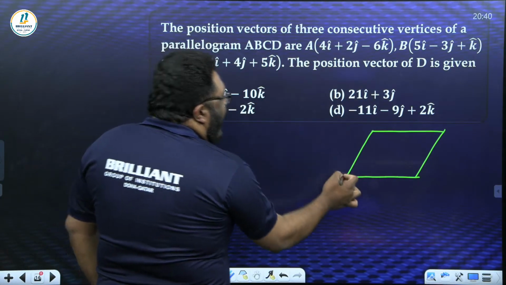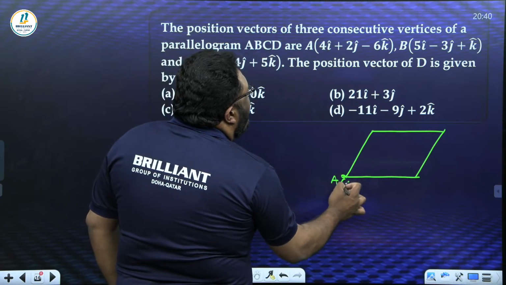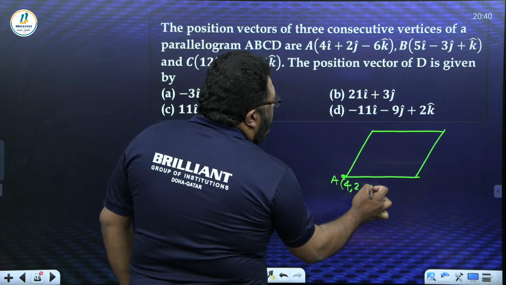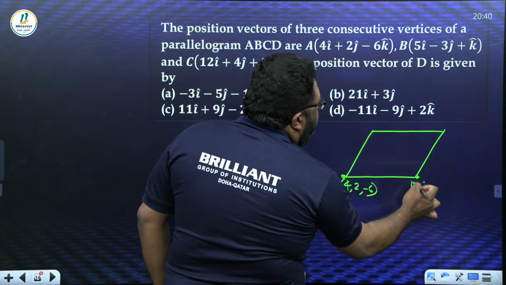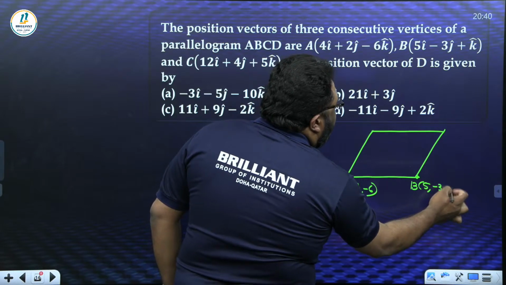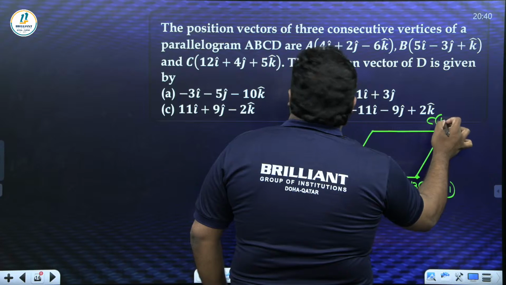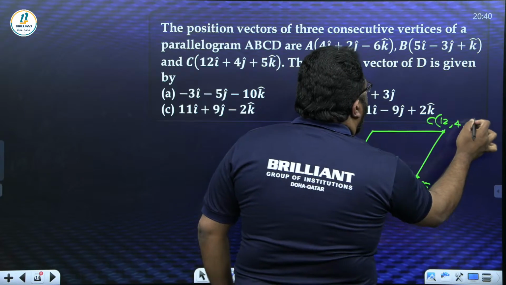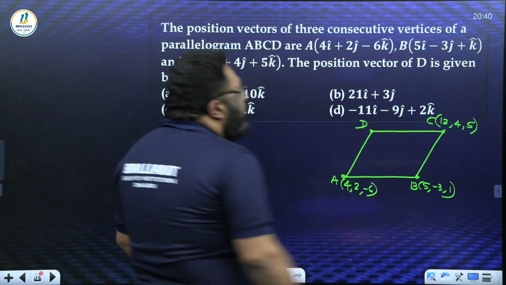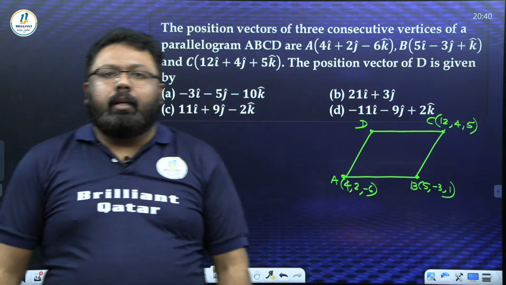So A is going to be 4, 2, negative 6. B is going to be 5, negative 3, 1. C is going to be 12, 4, 5, and this is D. They want you to find the vertices of D.